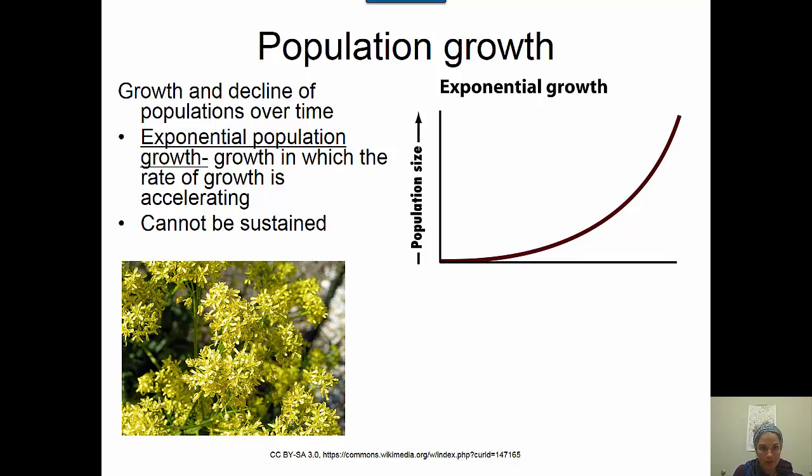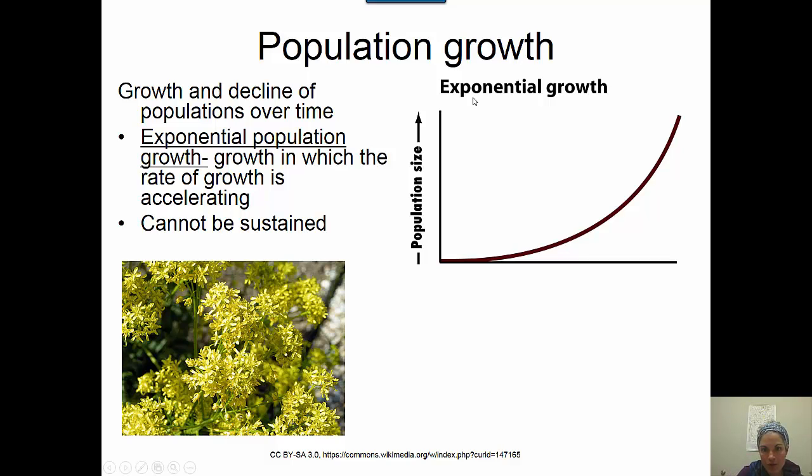One thing that we sometimes see with natural populations is exponential growth. And this is growth in which the rate of growth is accelerating. The rate of growth can be seen when we look at the slope of the line on this curve. Down here, the slope is pretty level, pretty close to zero.